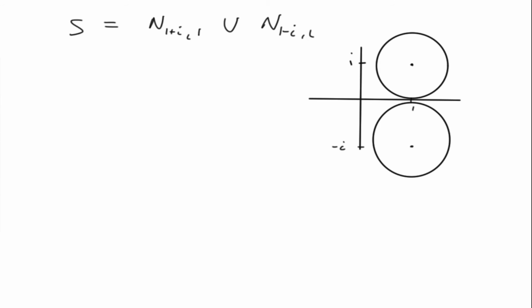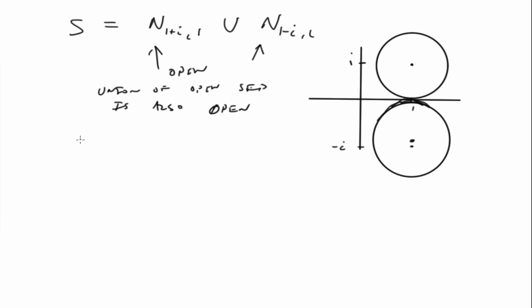Okay, so this set contains two pieces, and I didn't really draw it precisely. It should really just come up right to there. Remember, both of these sets are open. So the union of open sets is also open and contains no boundary points, right?